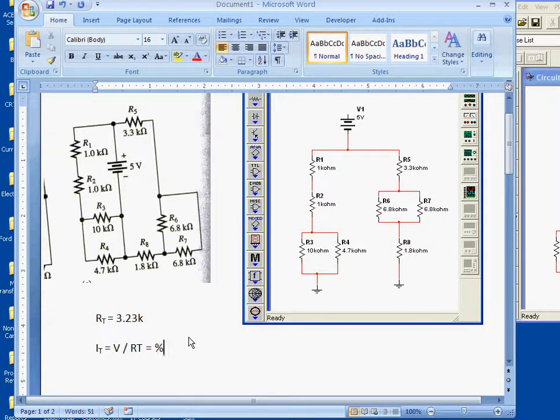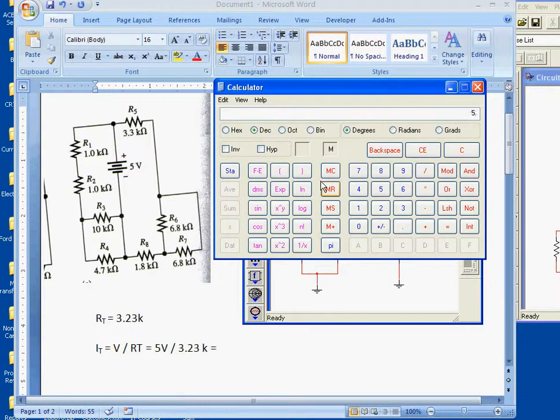So that's going to be 5 volts divided by 3.23, that's K. Don't forget your metric unit there. If we take 5 divided by 3.23, we come up with 1.54.